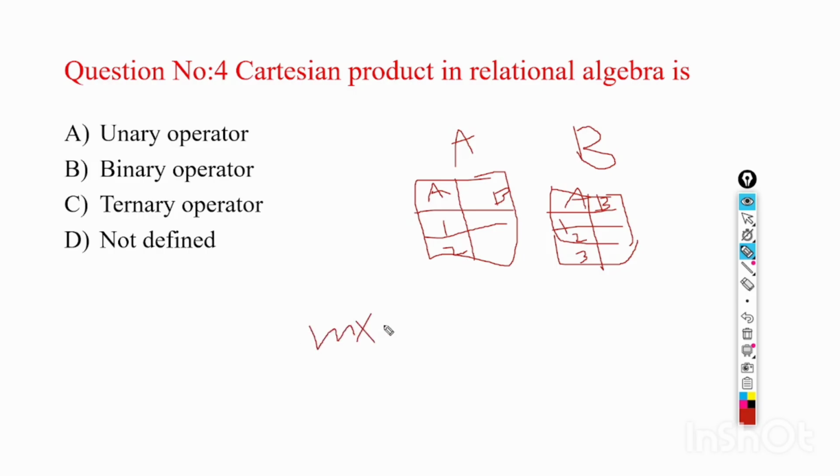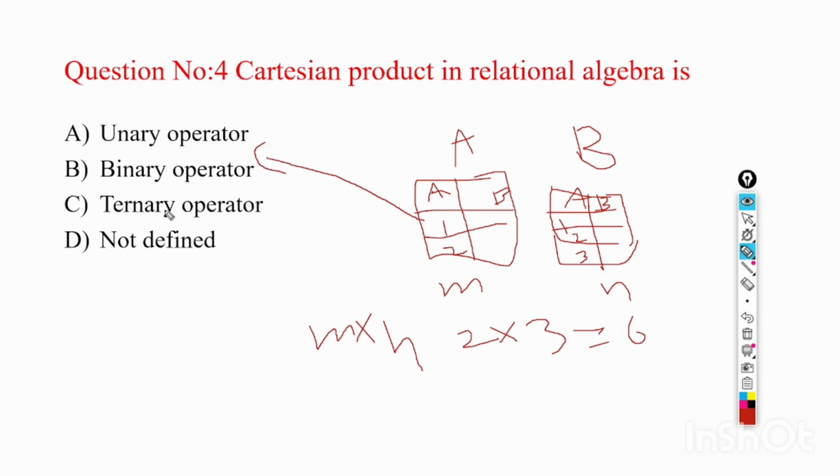In table B, three rows are there. Here two rows, and here three rows.